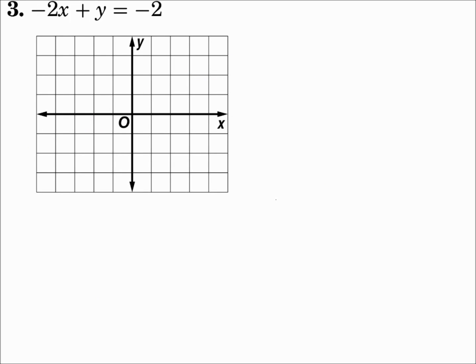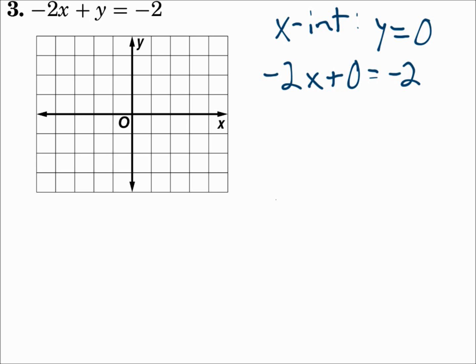Number 3, negative 2x plus y equals negative 2. Use the x and y intercepts. For the x-intercept, remember, make y equal 0. So negative 2x plus 0 equals negative 2.